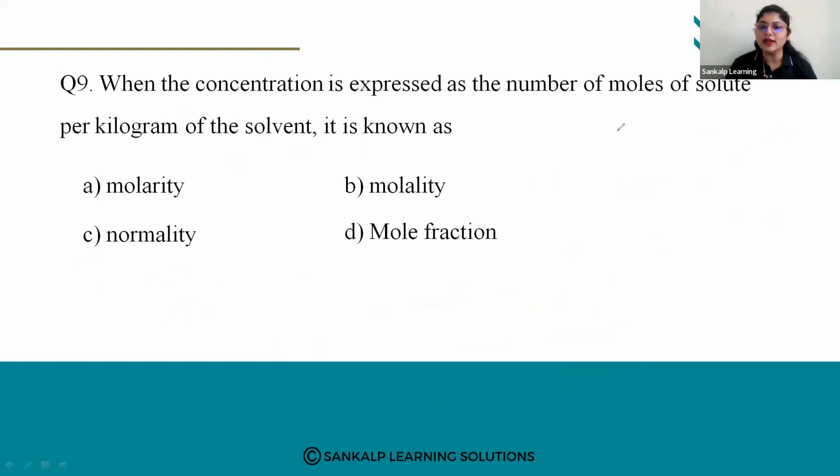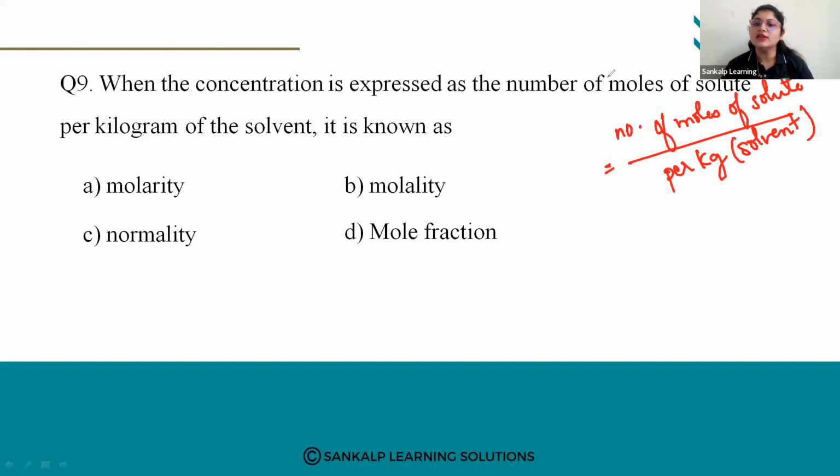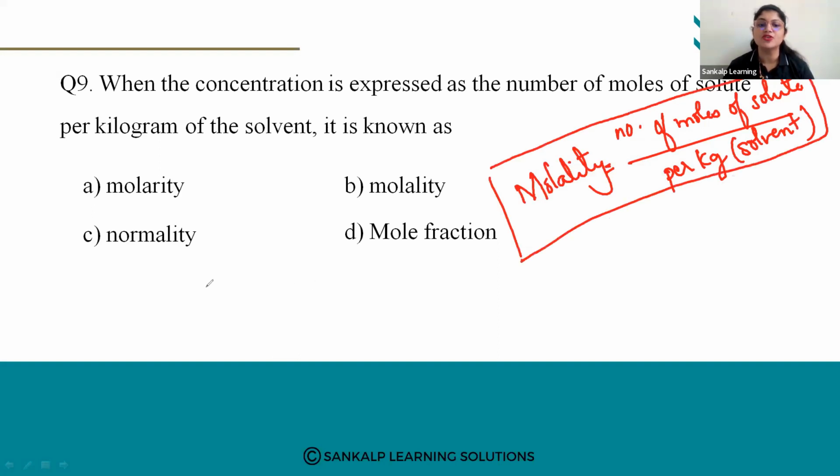When you write the number of moles of solute dissolved per kg of solvent, which term is this concentration expressed for? It is used for molality. Molality is nothing but the number of moles of solute divided by kg of solvent.